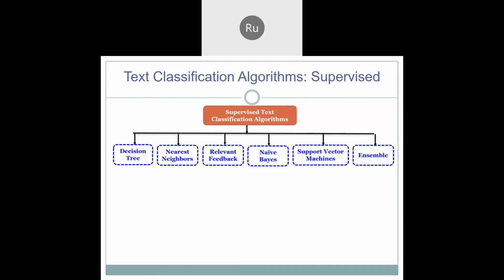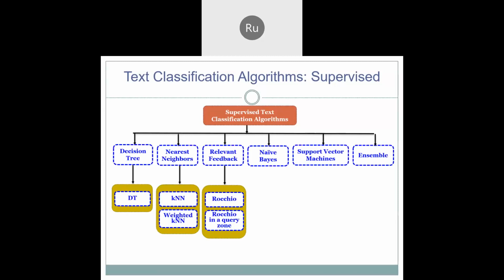This is just to give you an overview of the supervised text classification algorithms. We have a lot of algorithms or methods that can be used to perform supervised learning: decision tree, nearest neighbor, relevance feedback, naive Bayes, support vector machine, ensemble, and so on. These are the subcategories again.